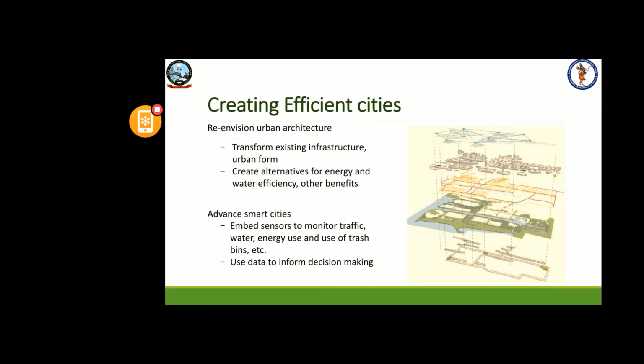So to solve this problem, we have to go for creating efficient cities, re-envision urban architecture, transform existing infrastructure in urban form, create alternatives for energy and water efficiency and other benefits.